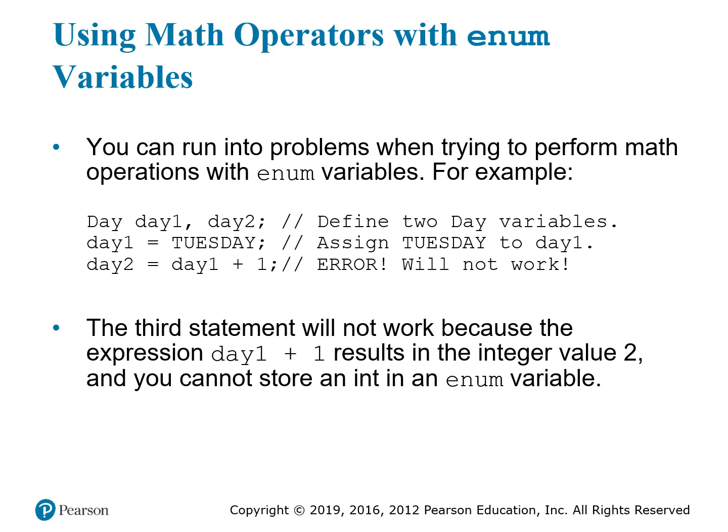Okay. What this says is day 2 is day 1 plus 1, where day 1 is Tuesday, and the compiler says type mismatch. Okay.